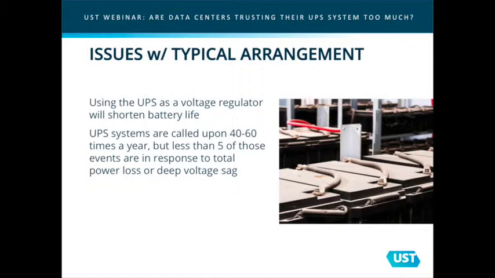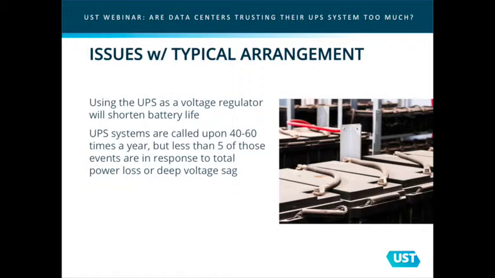Referring back to the client we had in New York City, UST implemented a voltage regulator upstream from the UPS system to address out-of-tolerance voltage conditions, which were exercising the UPS on a frequent basis and contributing to shortened battery life. You can imagine, on a day-in, day-out basis in New York City, air conditioners go on during the day, they come off at night, so the voltage is moving around quite frequently, and it's virtually a daily occurrence.